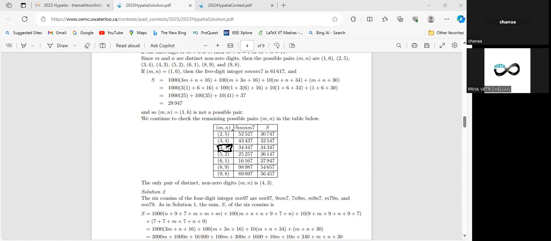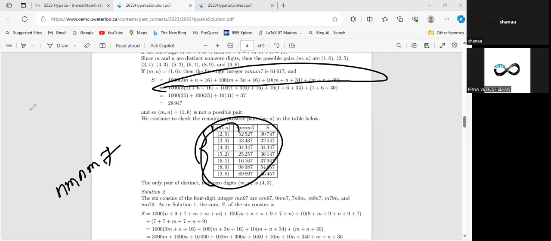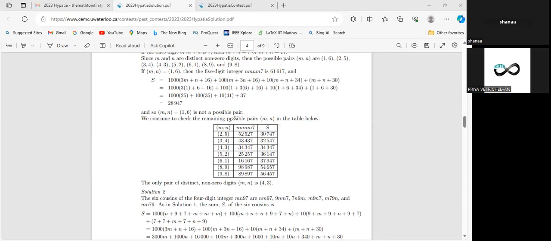Which number do you want to choose? You can choose any pair. We'll choose 2, 5. Here 3 into 2.